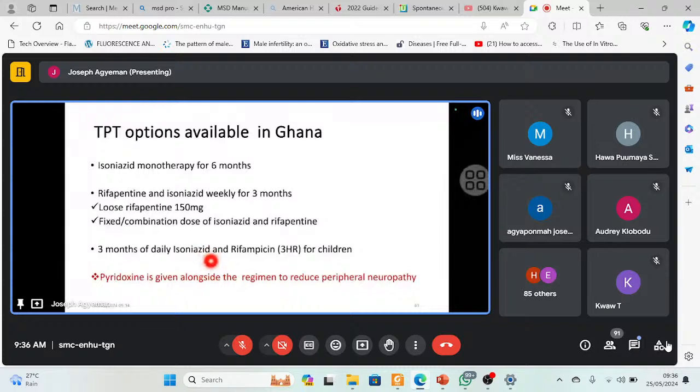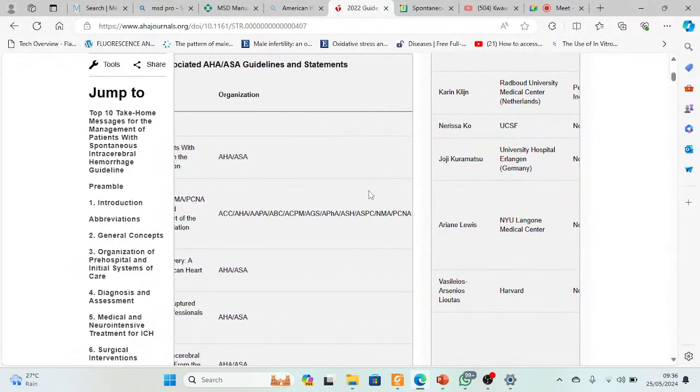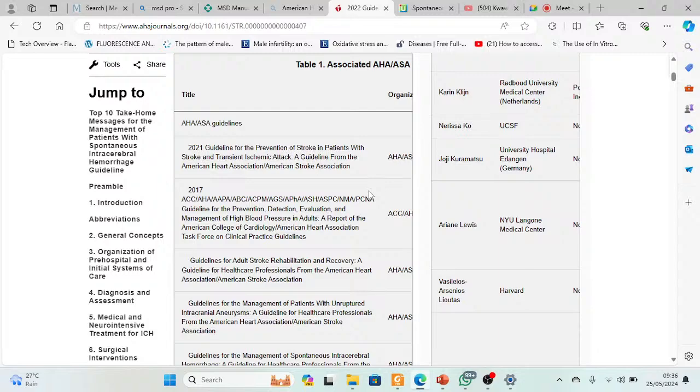All things being equal in pediatrics, you are doing these two. So in case you have any issues with rifampicin, contraindications or whatever, then of course you may have to do the monotherapy. But if there are no such issues, then it is better you do the combination therapy. For adults, it is always combination therapy, rifampicin and isoniazid.